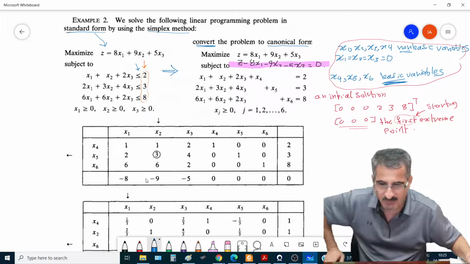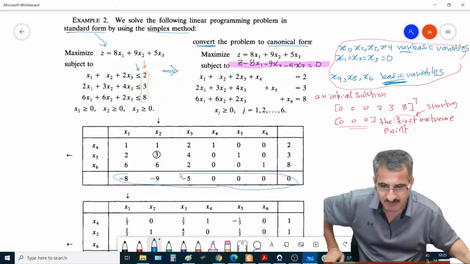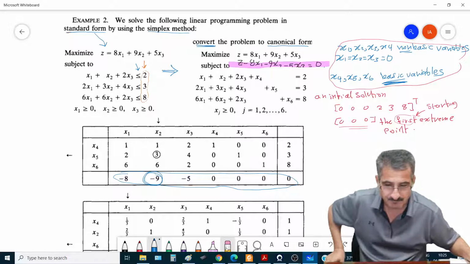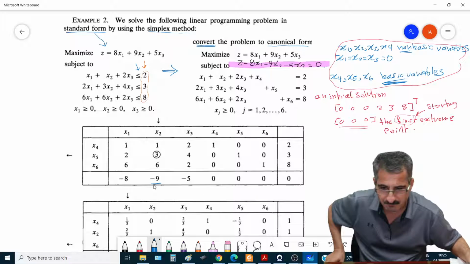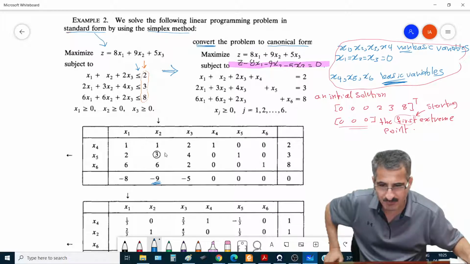We go back to the objective row, and choose the smallest negative value, which is -9. So I choose -9 because it is the smallest here. So I want to work with this column. And now this means I am entering x2.